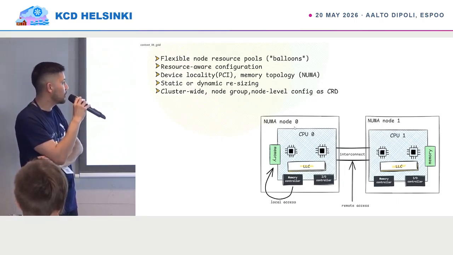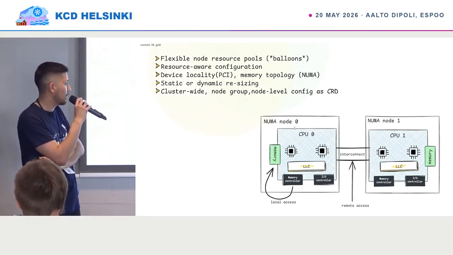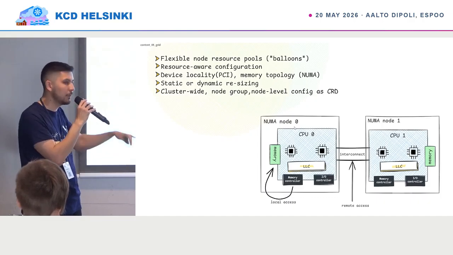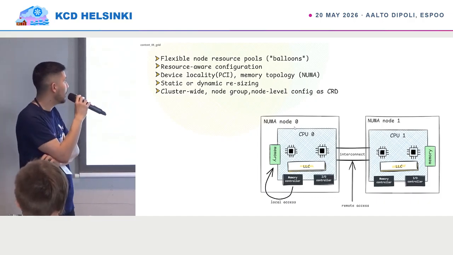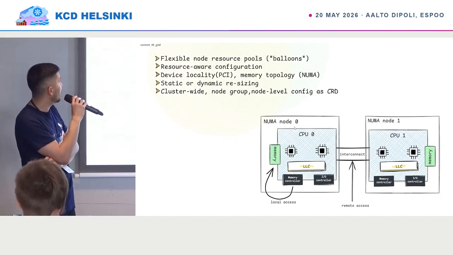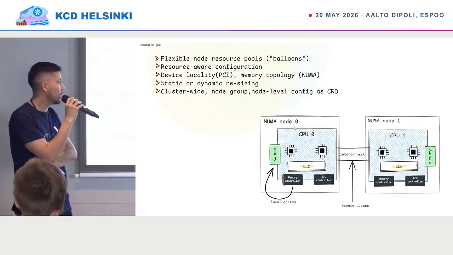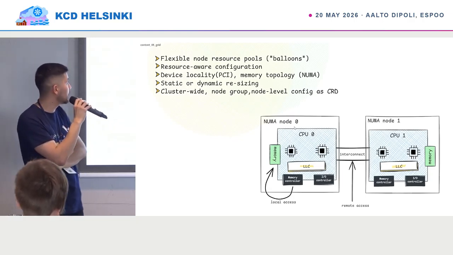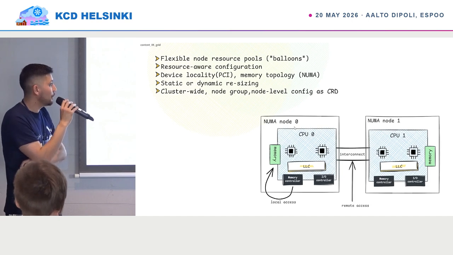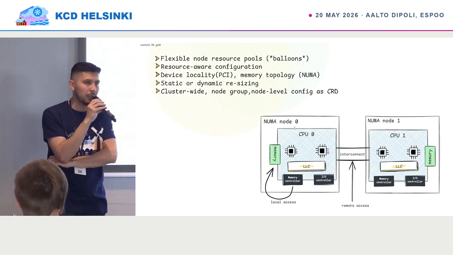With this balloons policy or plugin, you have a very deep understanding of the hardware topology: the PCI and memory topology, and other devices that exist on the node. The configuration is easy, in the standard Kubernetes way.